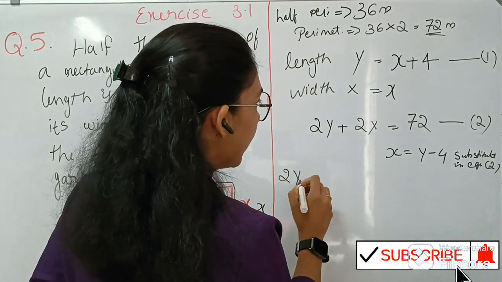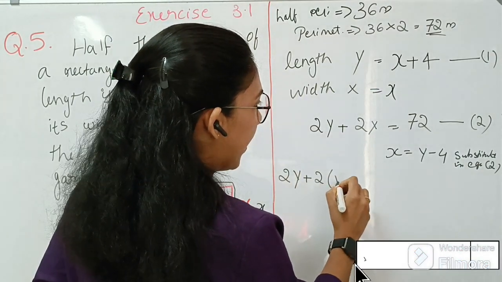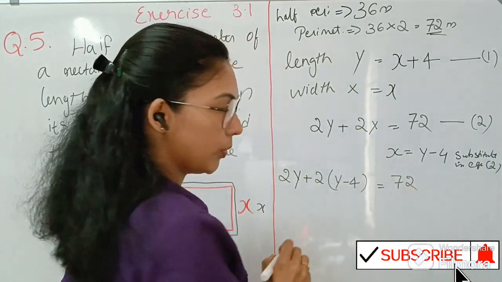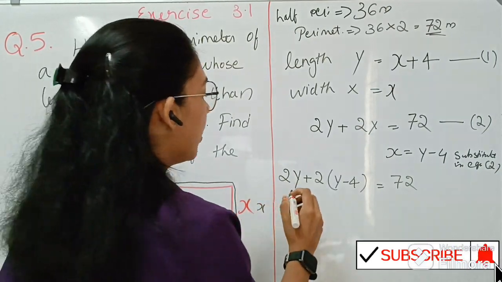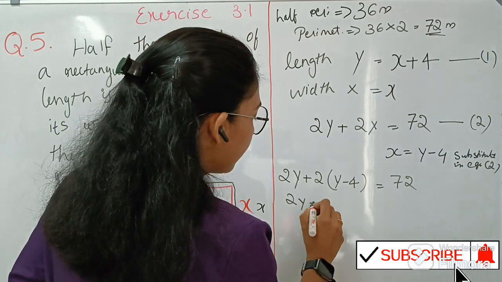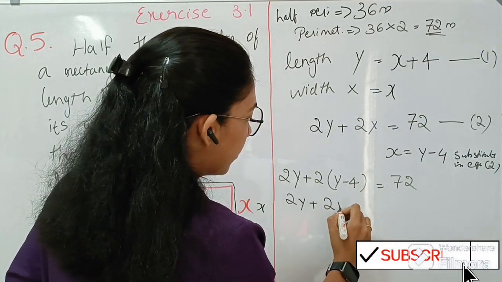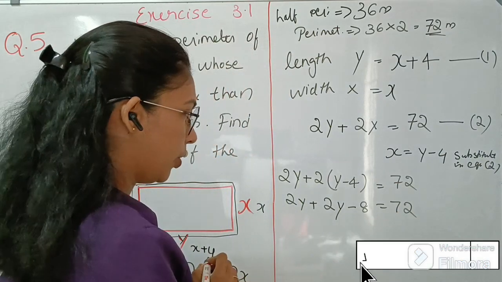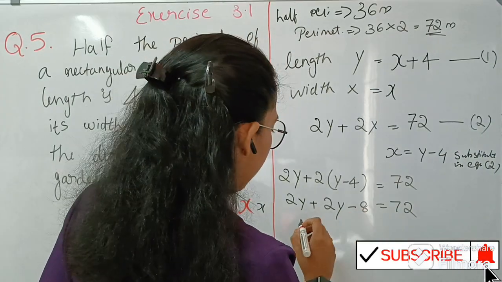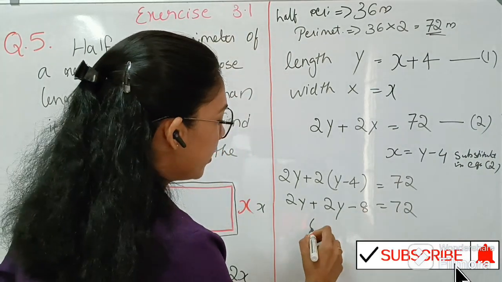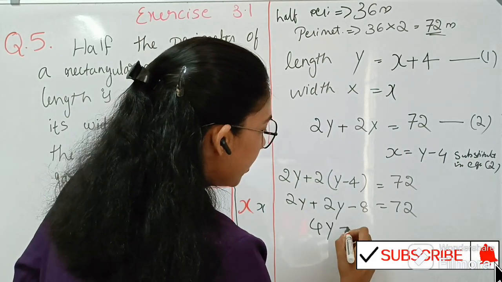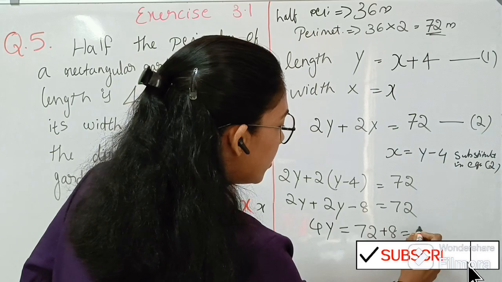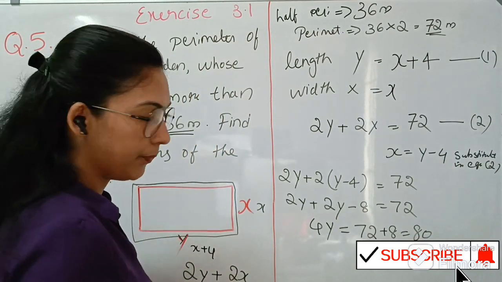That is 2y plus 2 times y minus 4 is equal to 72. Okay. Then 2y, open the bracket, that is 2 times y minus 8 is equal to 72. Then 2y plus 2y is 4y. 4y is equal to 72 plus 8, which is equal to 80.